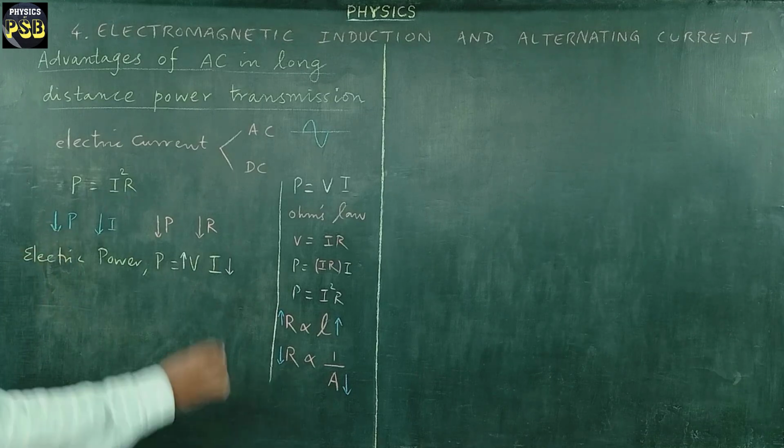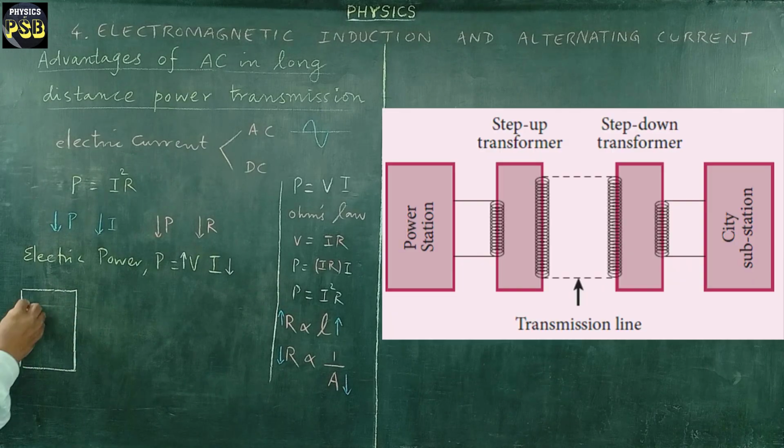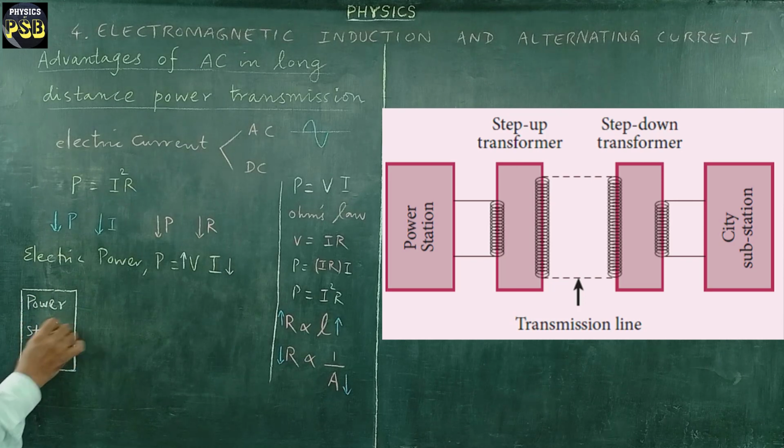Now, let's explain this to you with the help of a simple diagram. Consider this one as a power station, where electric power is generated. This power station is located far away from the city or a town.